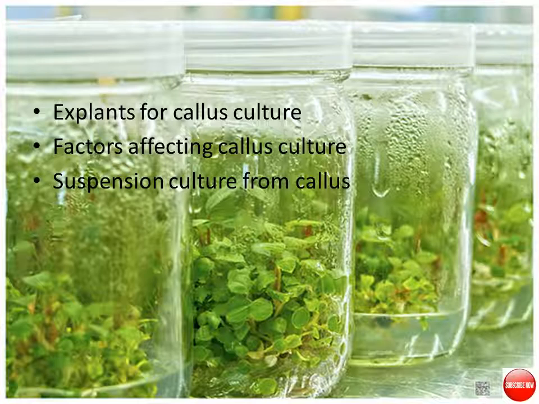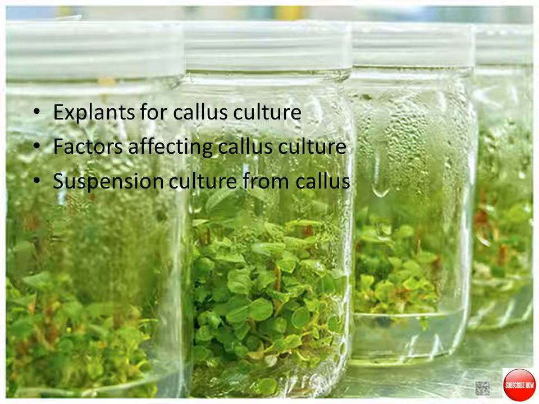Now coming to the suspension culture from callus. A suspension culture can be initiated by transferring friable callus to liquid nutrient medium, that you have already seen in the previous slides, how the explant is transferred to the liquid medium, that is the suspension culture. And as the medium is liquid in nature, the pieces of callus remain submerged.